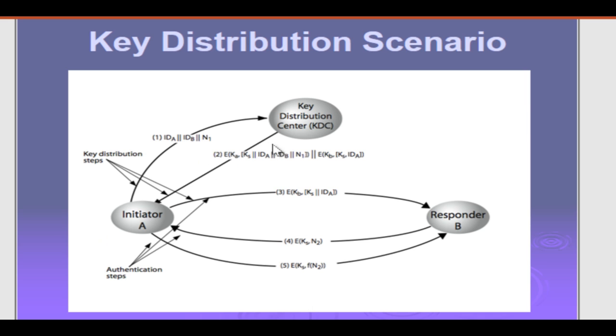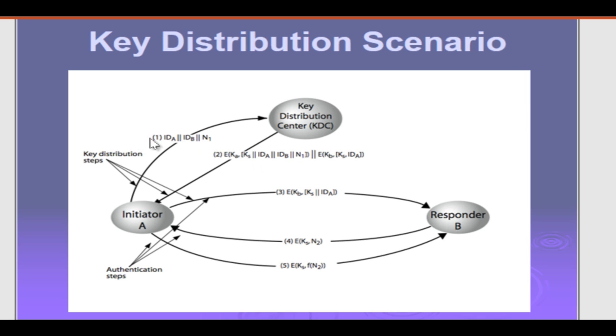The decryption key of KA is known only to A, not even to B. What he sends in the message is the session key requested by A, along with the identity of the receiver and the nonce.